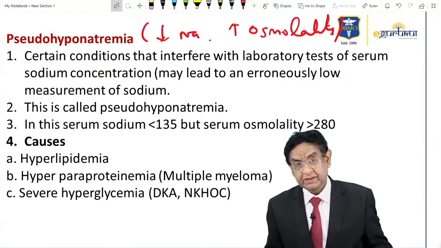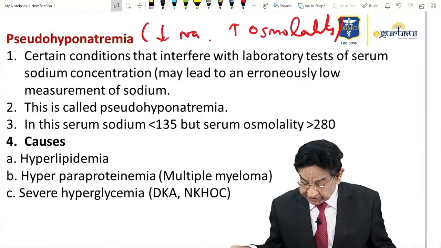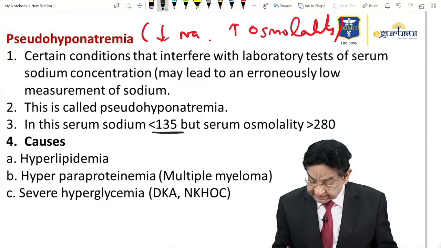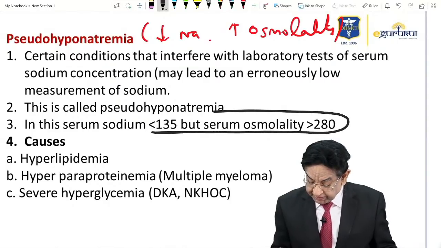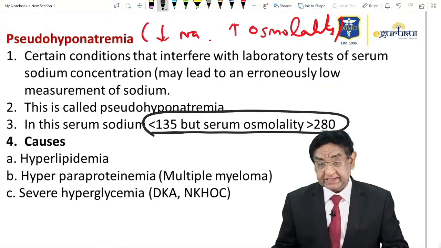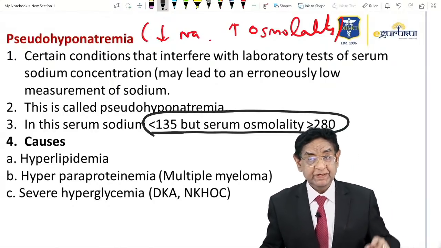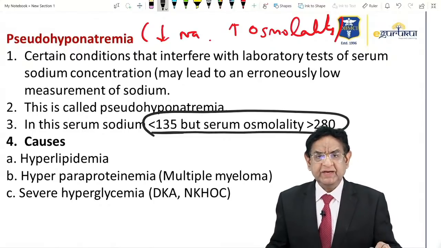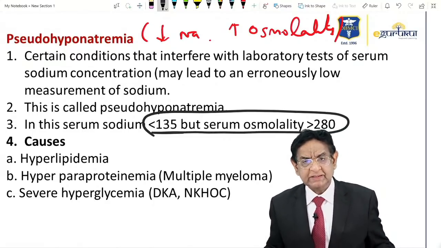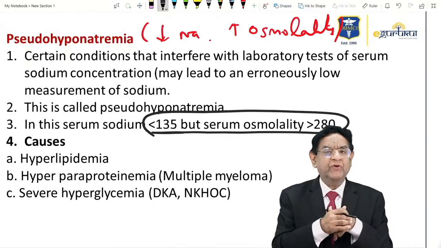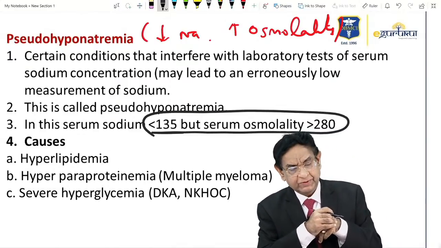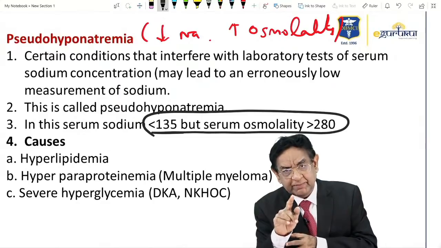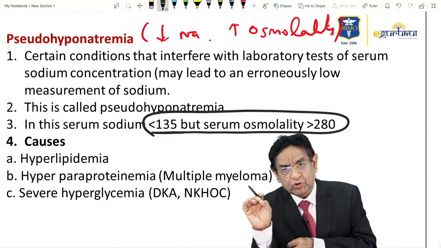pseudohyponatremia. There are certain conditions where the serum sodium is less, but the plasma osmolality is high. You remember in the very early slide, of course, I discussed hyponatremia with low sodium and low osmolality.